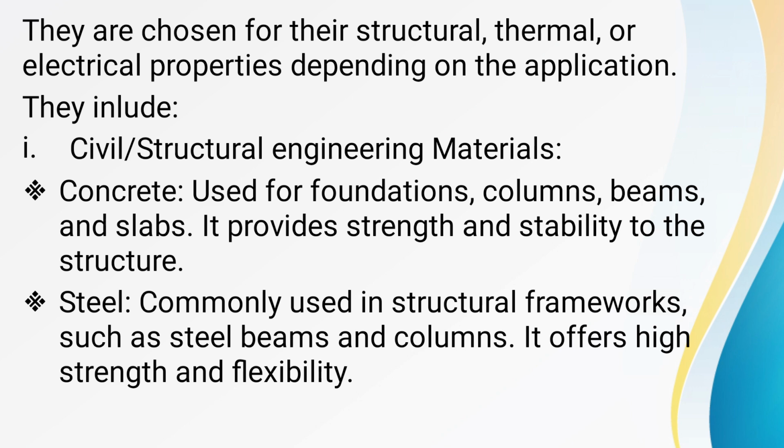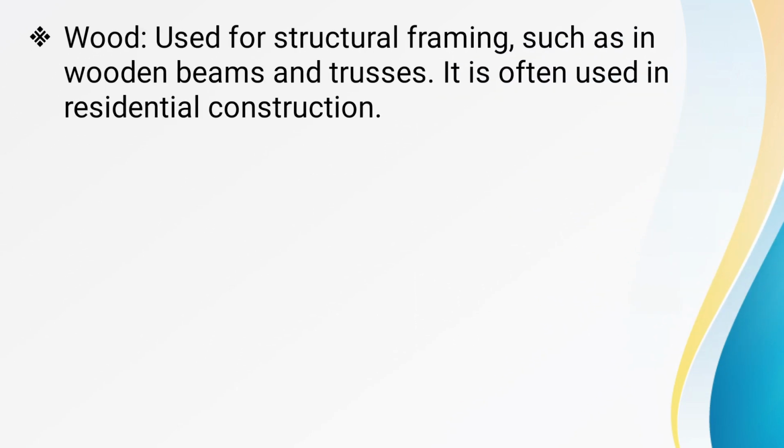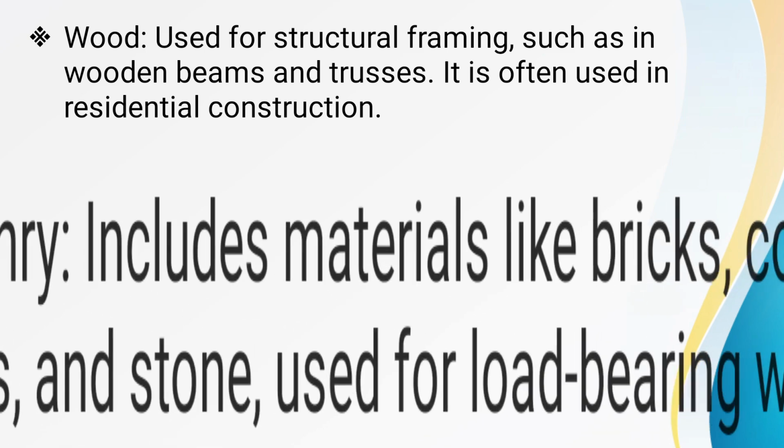It offers high tensile strength and flexibility. We also have another example, which is wood. Wood is used for structural framing, such as in wooden beams and trusses. It is often used in residential construction.